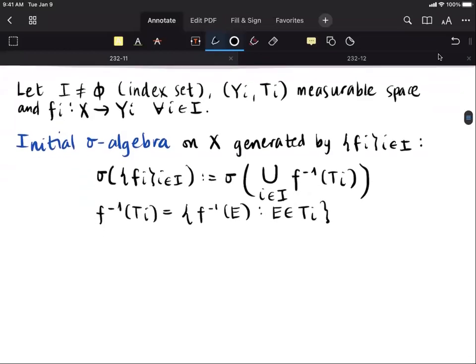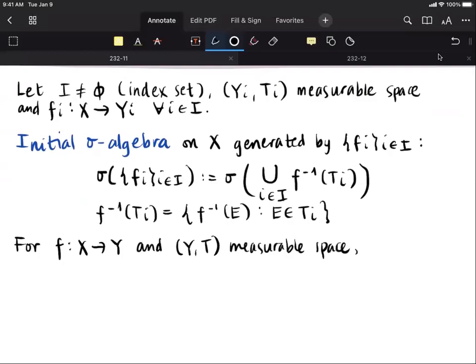In the case where we have a single function, for instance a function f from X to Y, with (Y, T) a measurable space, you can think of the index set I to consist of only one element. So it's a singleton.